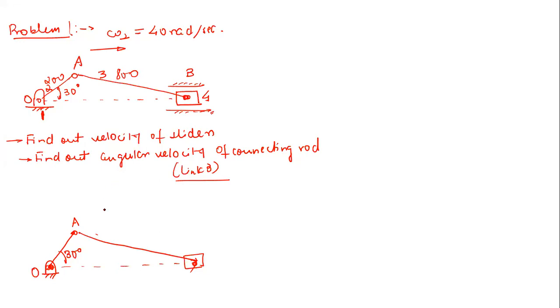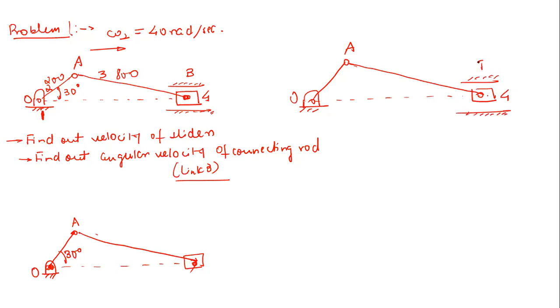Now let us try to solve this problem using the IC approach. Let us go one by one. Let me again draw this diagram: O, A, and then link 4, with links 1, 2, 3, 4.